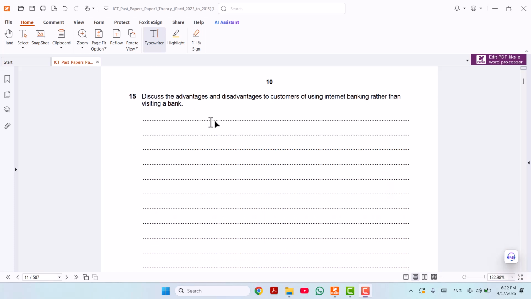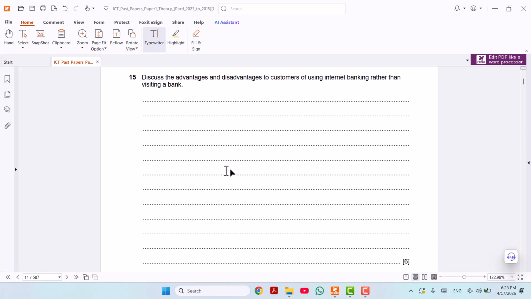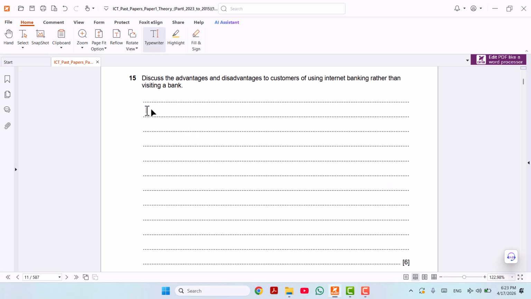Discuss the advantages and disadvantages to customers of using internet banking rather than visiting the bank. So, discuss the advantages and disadvantages of customers using internet banking rather than visiting the bank. Here's the first thing we can say.